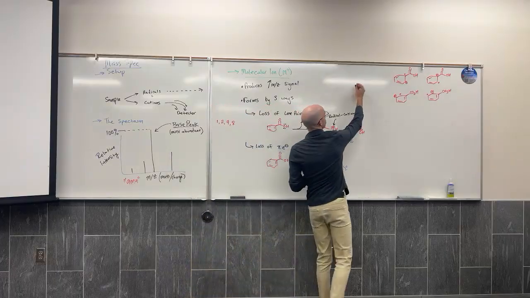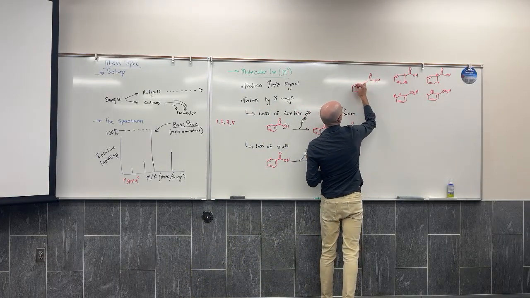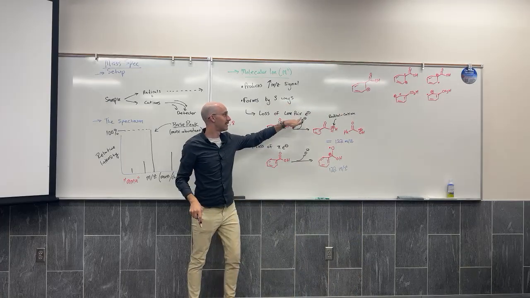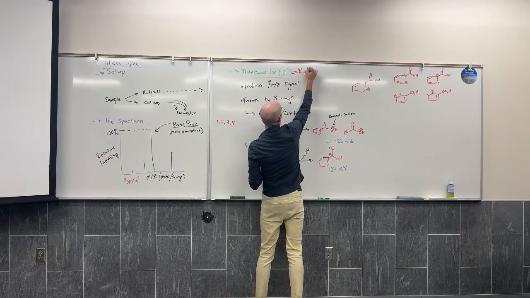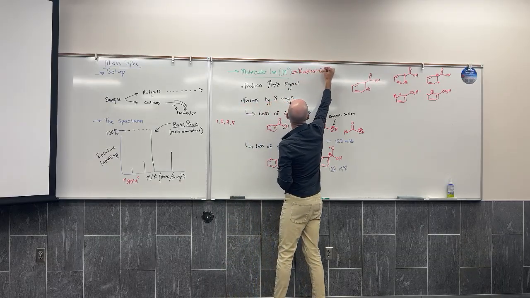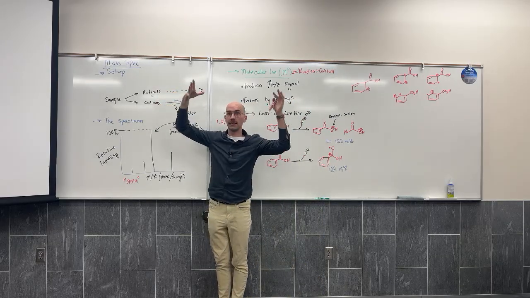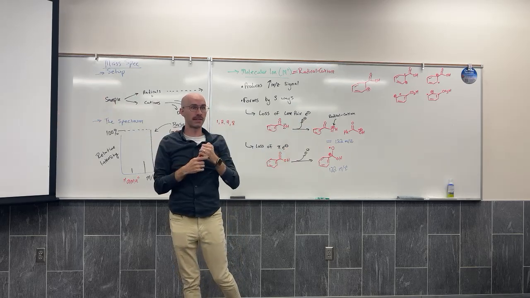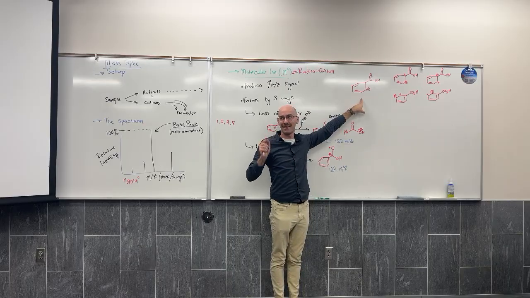The main mistake that I saw you guys making: for one, you would do something like this, which is not a radical cation. The molecular ion is a radical cation. It's not a radical plus a cation. It is both at the same time, not 2 separate things. This doesn't have a radical, so it can't be a molecular ion.